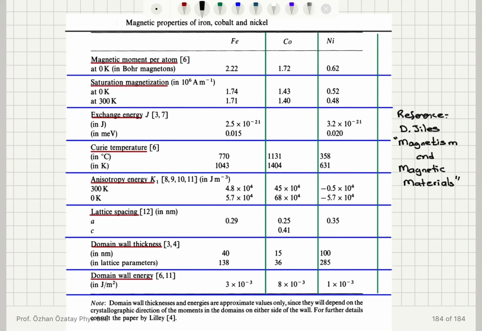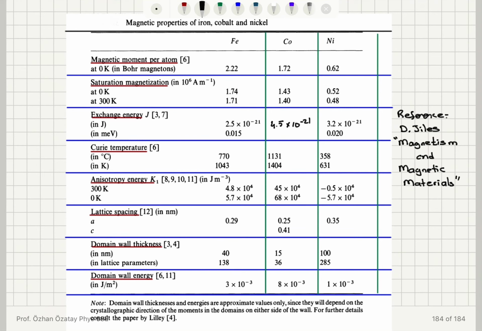Exchange energy: somehow this is missing here, so let me write it down. This is 4.5 times 10 to the minus 21 for cobalt. So 2.5 times 10 to the minus 21, 4.5 times 10 to the minus 21, and 3.2 times 10 to the minus 21 joules. Curie temperature 770, 1131, 358. Anisotropy energy constants, as you can see here.